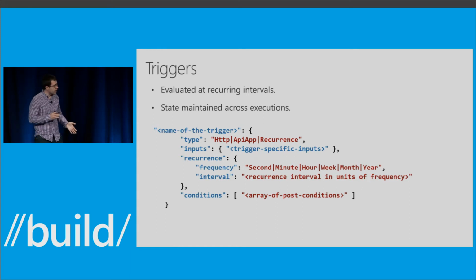Another interesting concept is that the trigger is stateful. So you can use the previous trigger execution in order to make a decision. For example, let's say you have a trigger which fires every time new files show up on Dropbox and you try to copy them to, for example, OneDrive. The trigger fires, you have a list of files, but unfortunately your workflow cannot transfer all files at once, so you have to do it one by one.